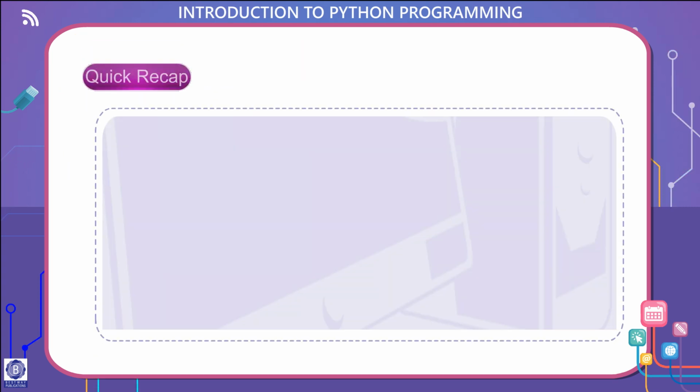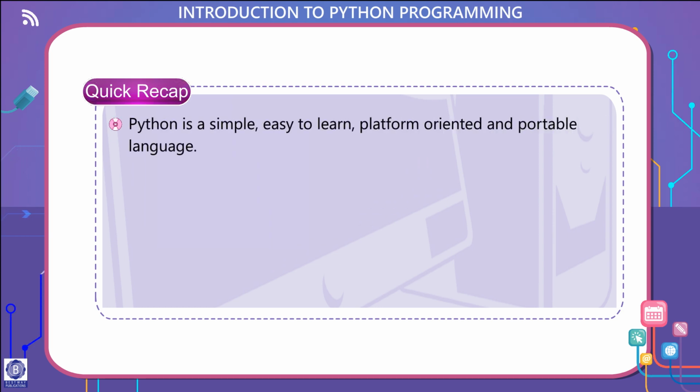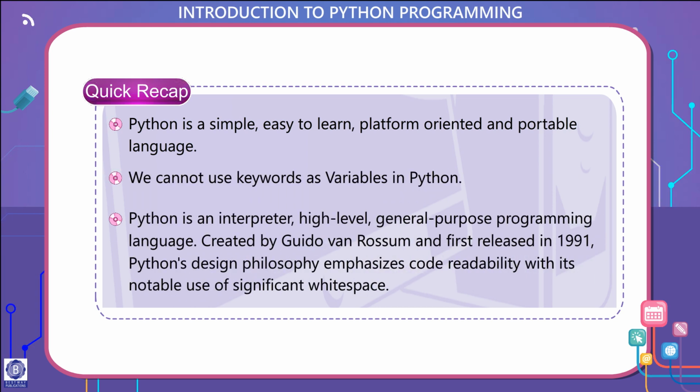Output. Quick recap. Python is a simple, easy-to-learn, platform-independent and portable language. We cannot use keywords as variables in Python. Python is an interpreted, high-level, general-purpose programming language created by Guido van Rossum and first released in 1991.